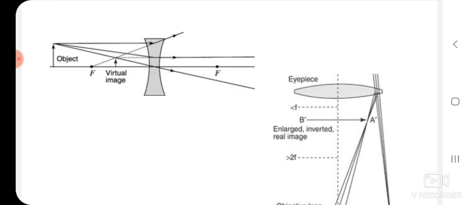That is, the distances of both the object and the image to the lens are equal but on opposite sides. If O lies between 2f and f, the image is inverted, larger than the object and located at a distance greater than 2f.